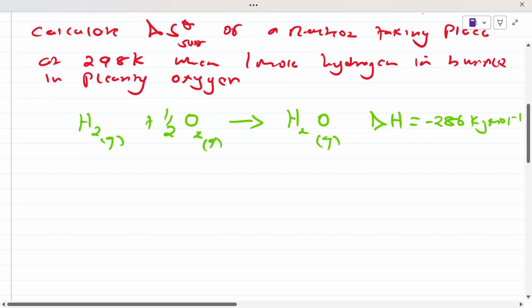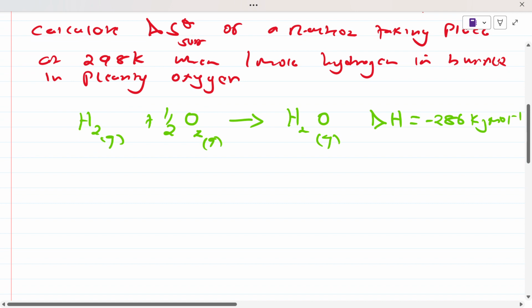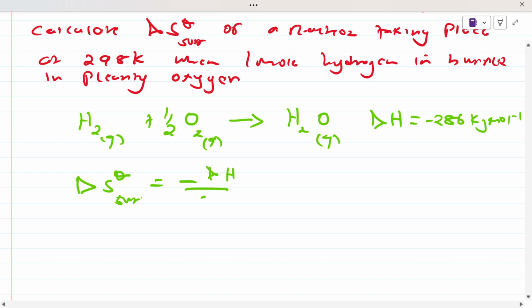Now, when given such a reaction and the enthalpy, I simply know that to calculate entropy change of surrounding, I always have a formula: negative delta H all over T. And the temperature we've already been given in Kelvin, so we don't need to do the conversion here.